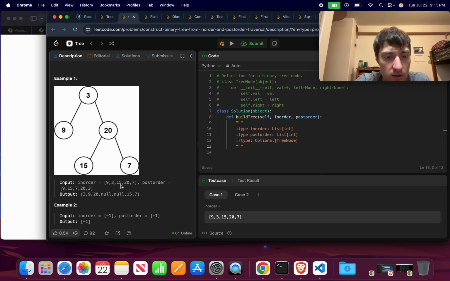Okay. Fifteen and 7 are here. 9 and 15. 9, 15, head is 3. Okay.